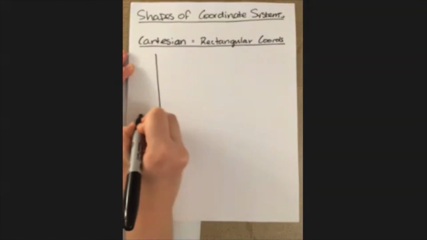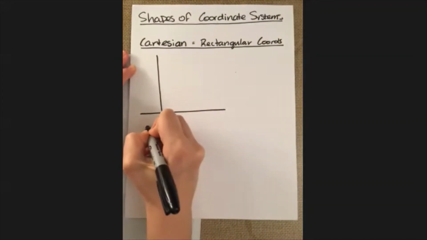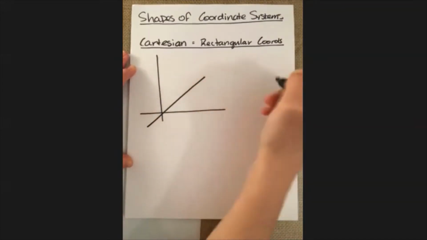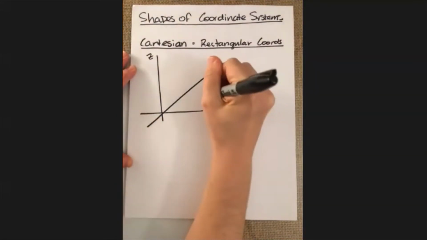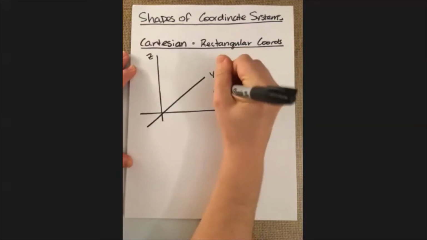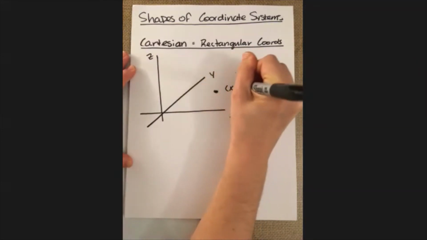If we take our X, Y, and Z axes, like so, and suppose that I want to plot a point (x, y, z).